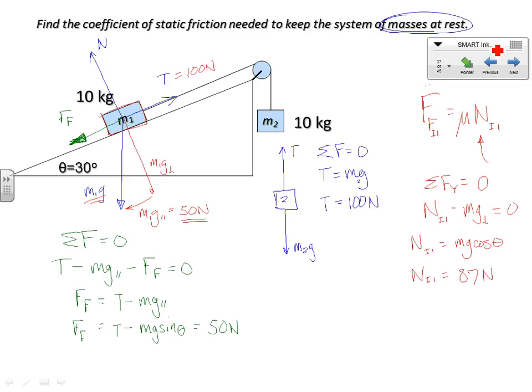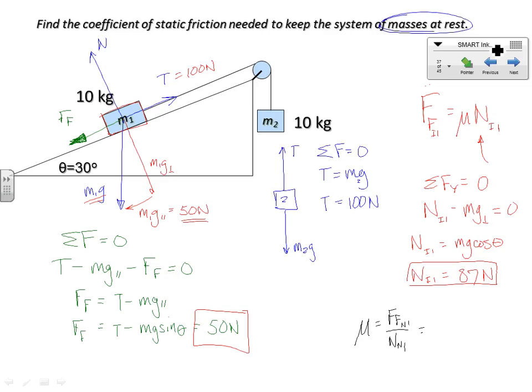All right, so we have normal. We have friction. So mu equals friction force on 1 divided by normal force on 1.